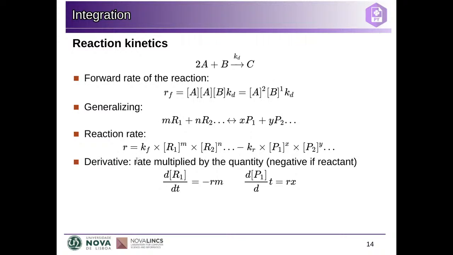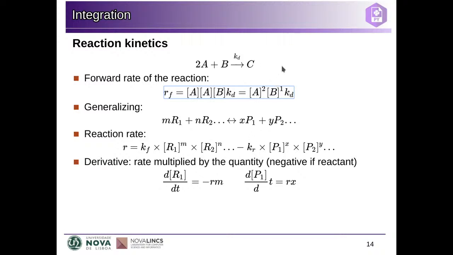And the rate of the reaction will be the forward rate, so this forward constant, multiplied by the concentrations of each of the species on the reactant side, each one raised to its stoichiometric parameter there. So if there are two A's, this is squared. If there is B, this is just B, or B raised to the power of 1, and so on.